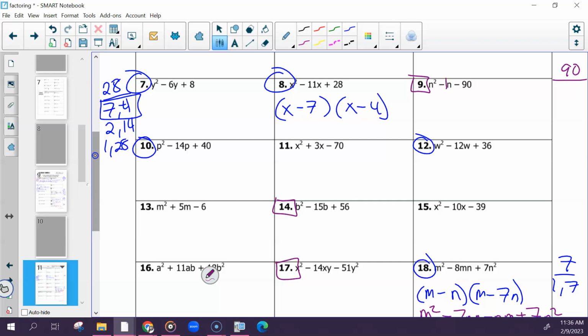Because if they add together, they've got to be negative 1. So what would those 2 factors be? We have negative 10 and positive 9. Minus 10 and plus 9. Correct.